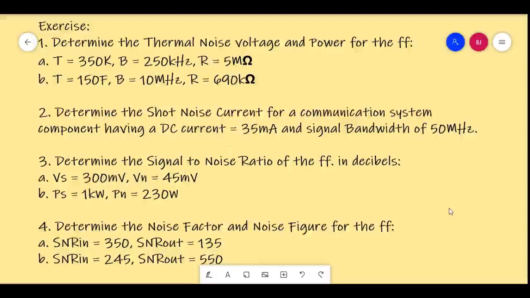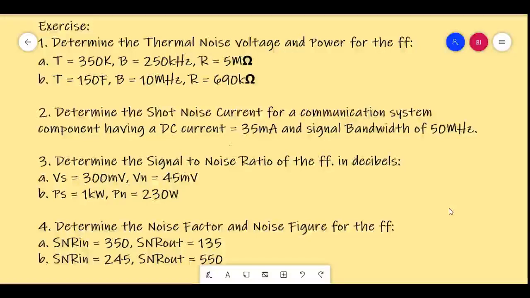For number 2, you are being asked to compute the shot noise current given the DC current and signal bandwidth. For number 3, you are to determine the signal to noise ratio of the following in decibels. So the first one for letter A is in terms of voltage, and letter B is in terms of power. And the last number, you are to determine the noise factor and noise figure for the following.